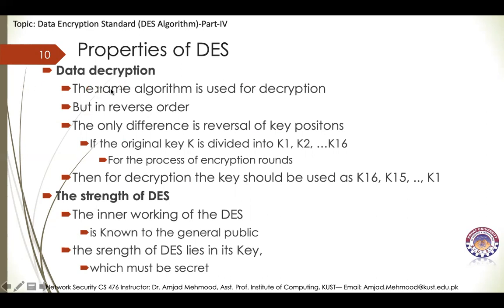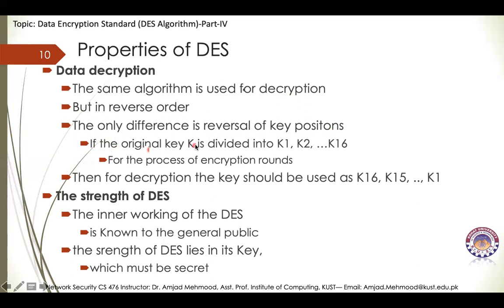Similarly, as DES is also symmetric encryption, the same algorithm is applied, but in reverse order. The only difference is the reversal of key positions.